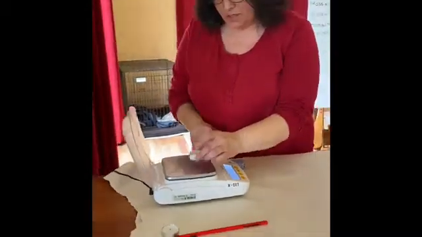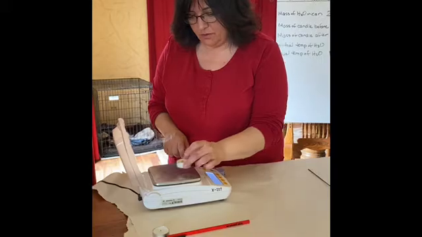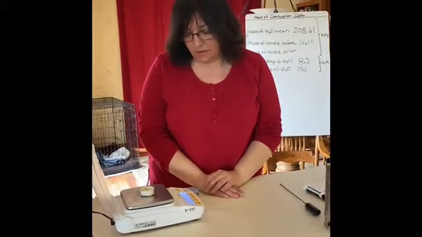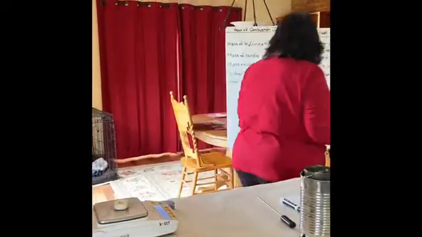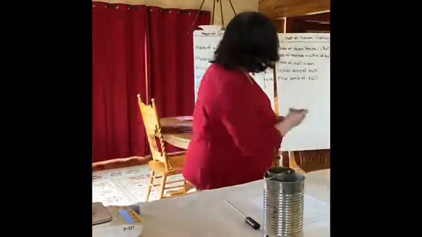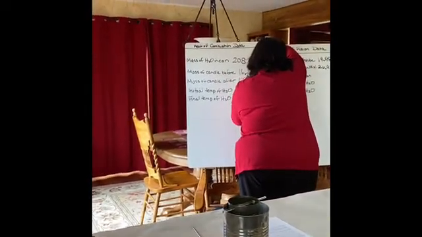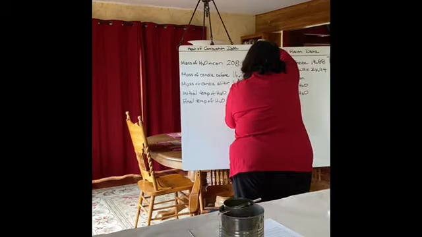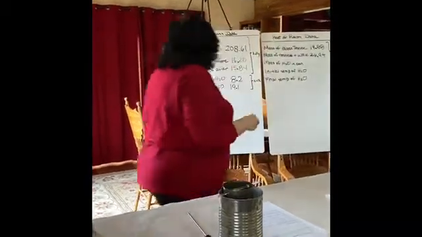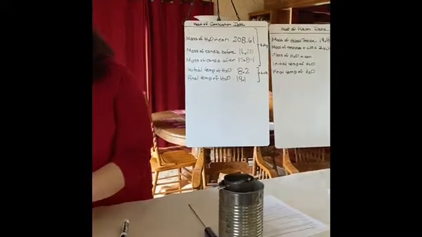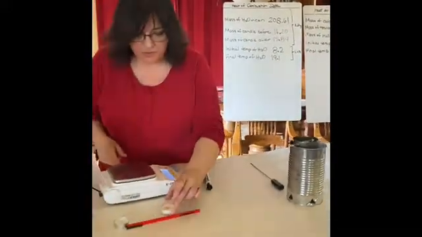Let me make sure I tare that first. Okay, we are good. So the mass is now 15.84 grams. So you can see we didn't burn a whole lot of candle, but it's what we have to work with.